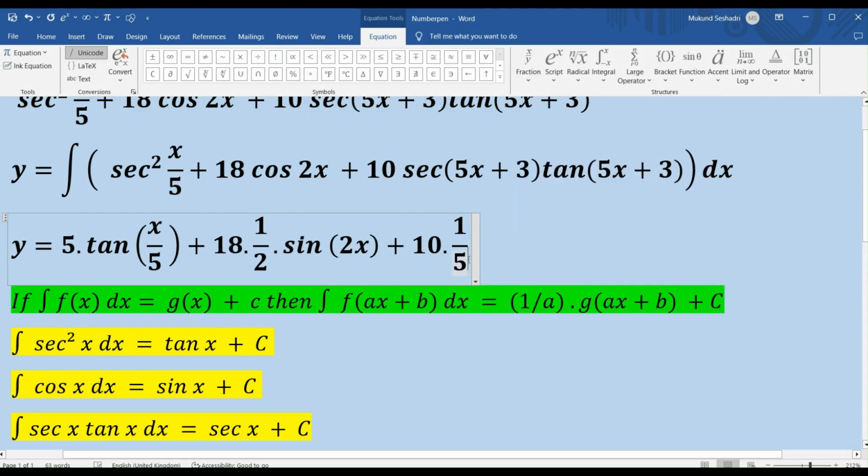I have 1 by 5 times secant of 5x plus 3, and I have a constant to finalize my answer, right?